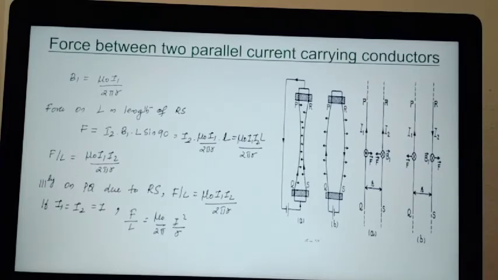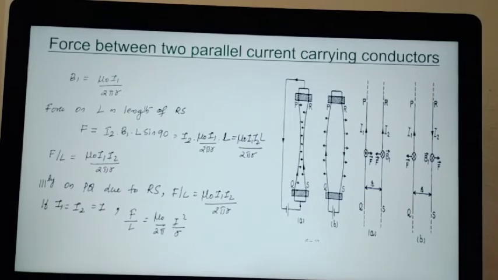Due to PQ at a distance r, magnetic field B1 is represented there, and B1 is crossed, that means into the plane. The current I2 will provide a magnetic field B2 to the left. It is denoted as a dot there, that is out of the plane. On PQ you have a dot, the magnetic field provided by I2, which is acting out of the plane of the board, since it is towards the left.